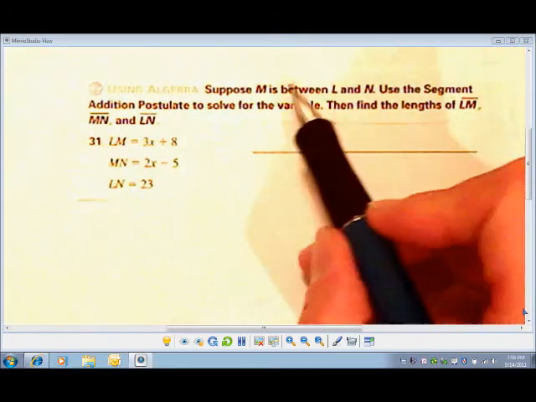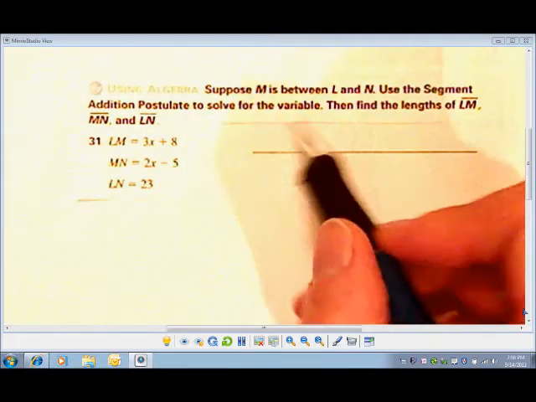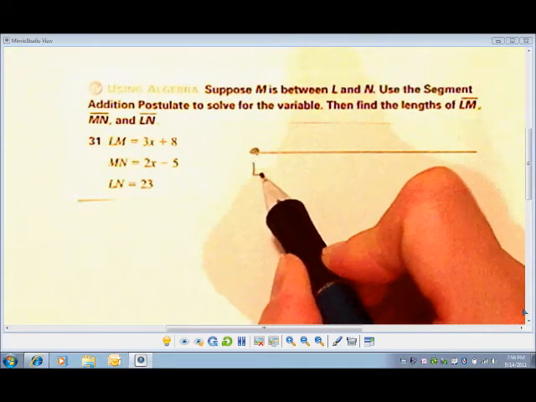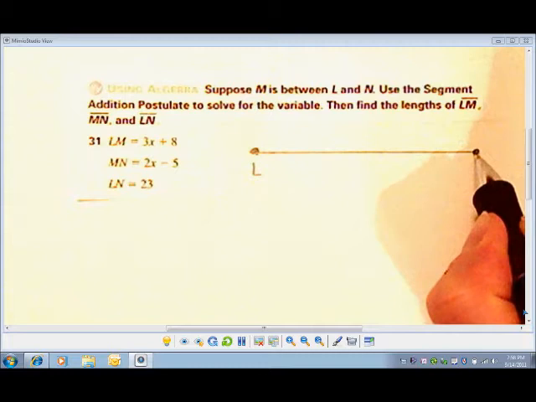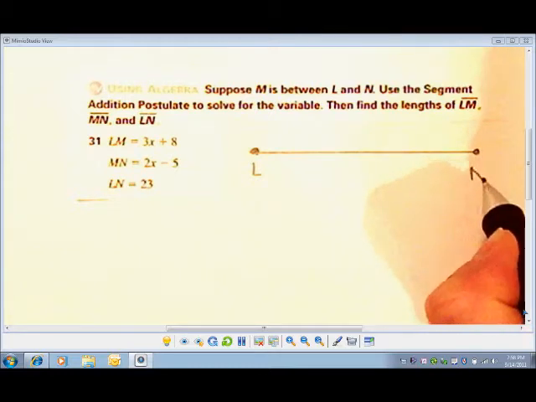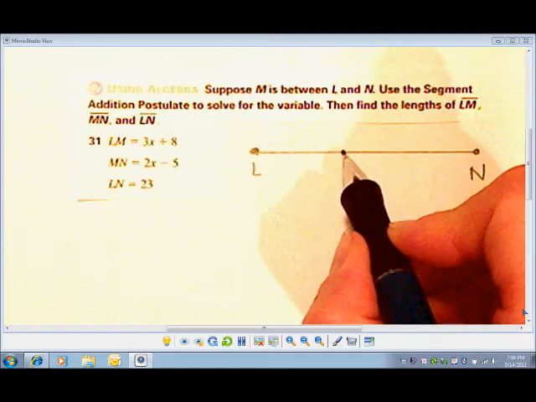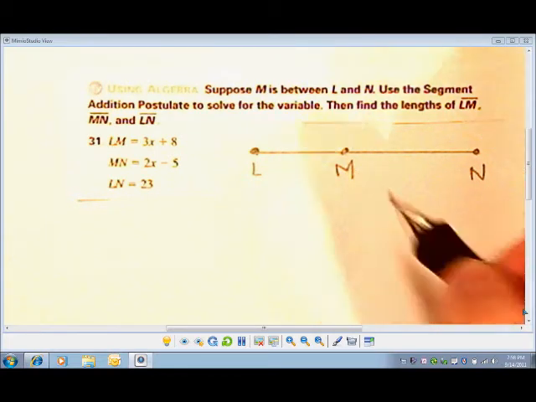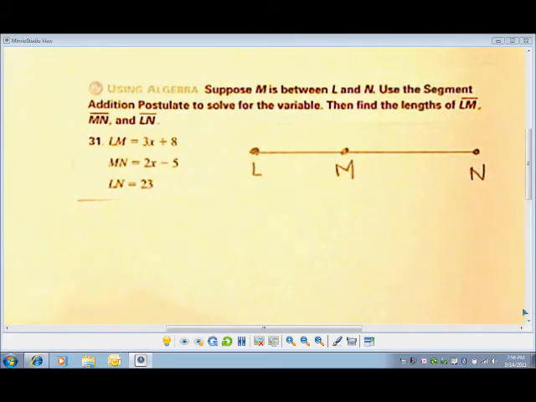And I know M is between L and N. So I'm going to put L here, N here, and M somewhere in between. I intentionally did not put it in the middle because I do not know where M is.